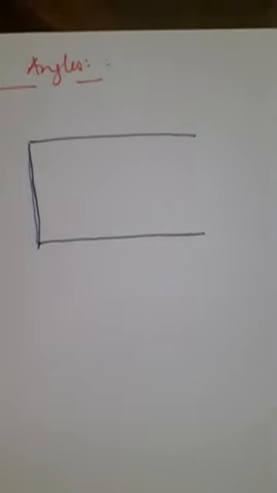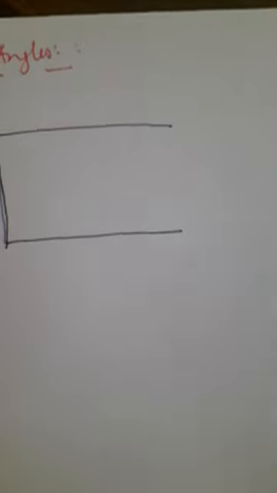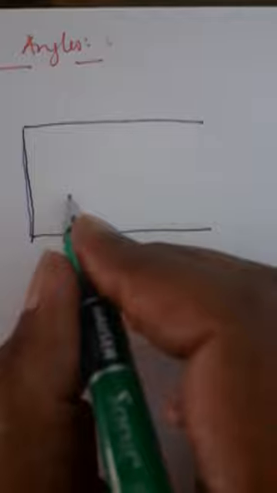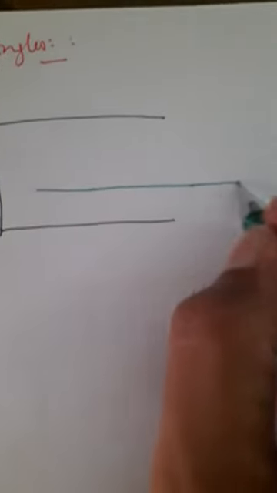Say this is one gusset plate, and for this you want to connect an angle and tension member. Say it is in the form of angle.